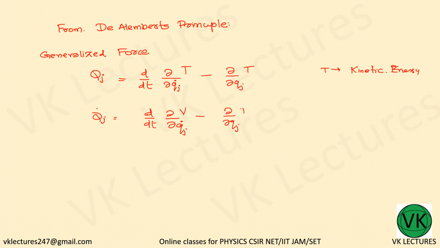Sorry, this is V. So this is the generalized force in terms of kinetic energy, and here V is potential energy. Qj represents the generalized coordinates.